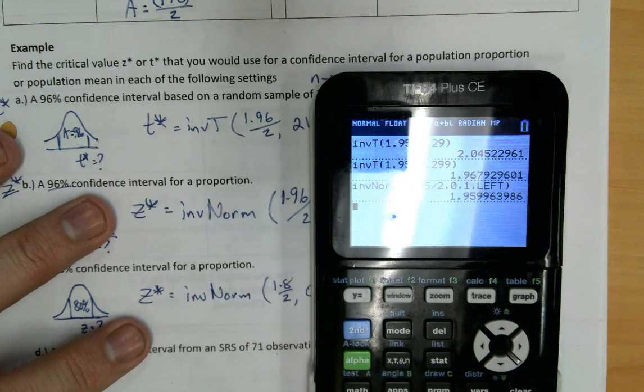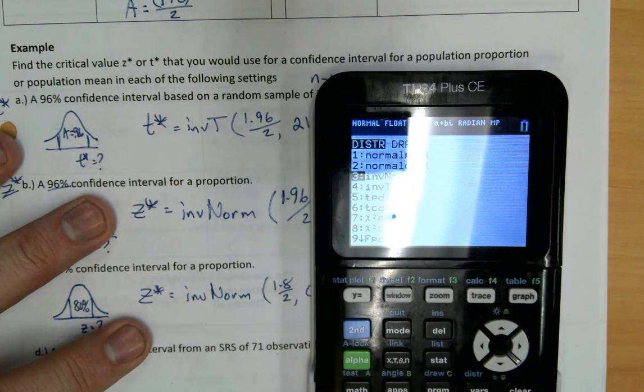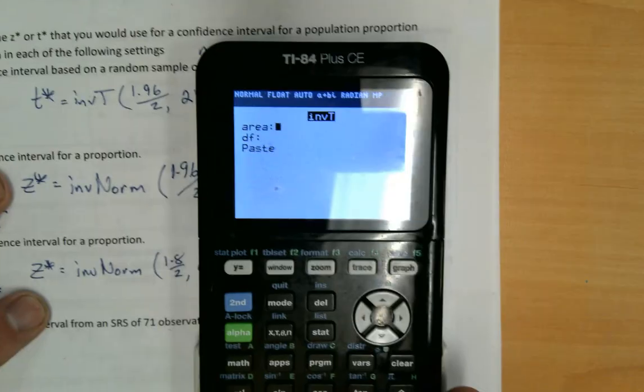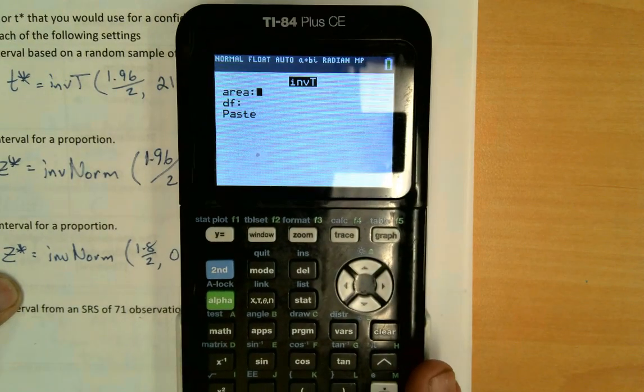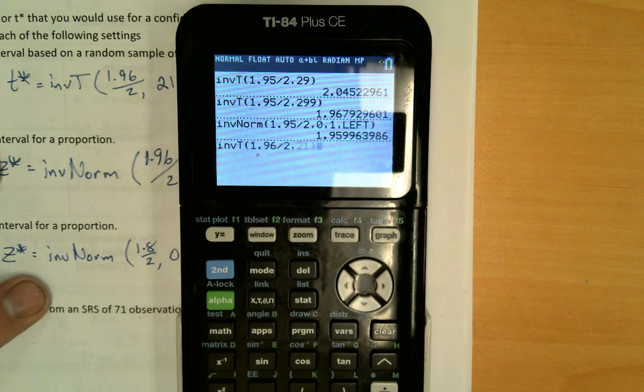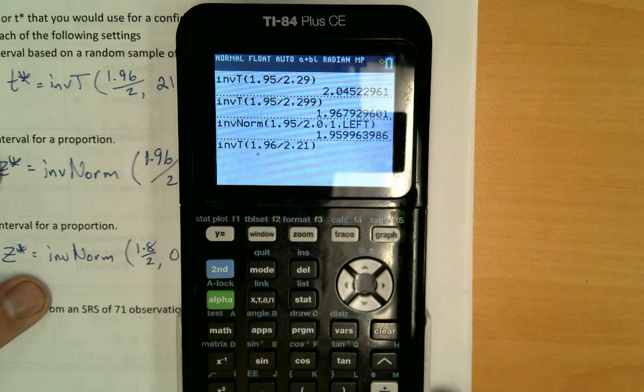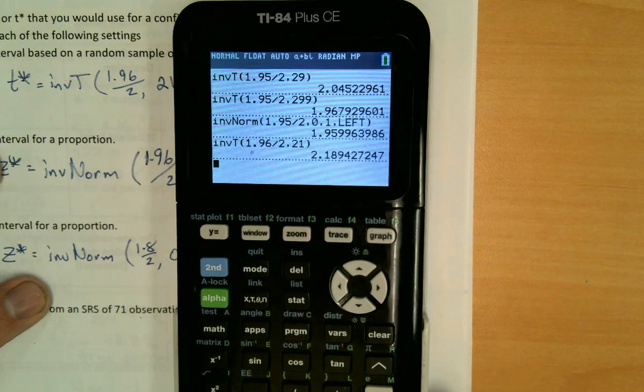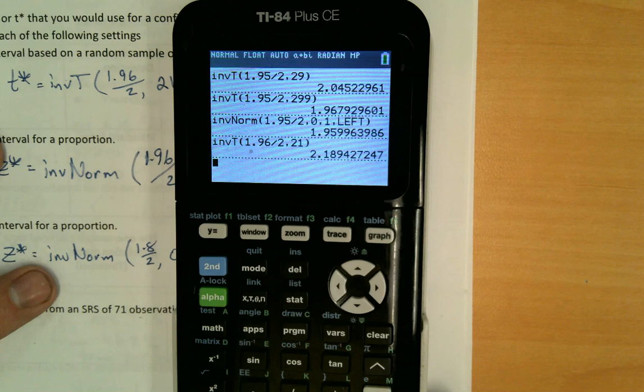So on my calculator, distribution, inverse t, let me get where you can see that, sorry. Inverse t, 1.96 divided by 2, and 21 degrees of freedom gives me a t-star critical value of 2.19.